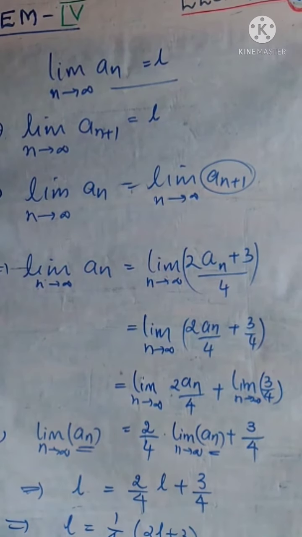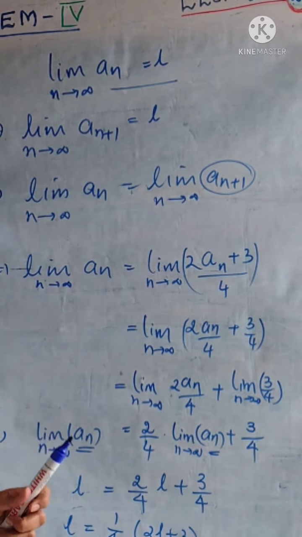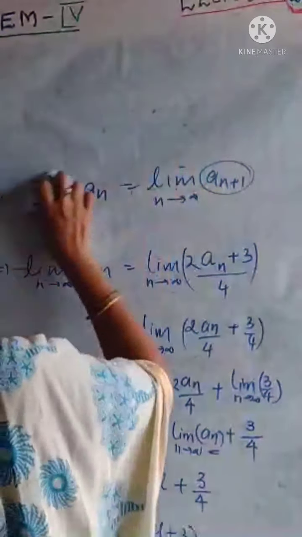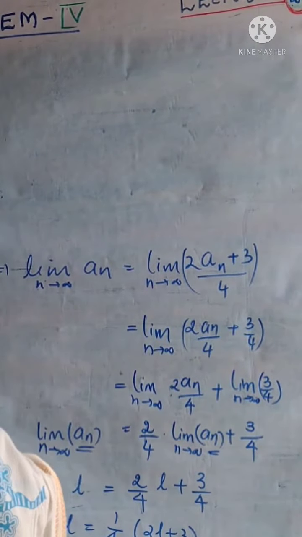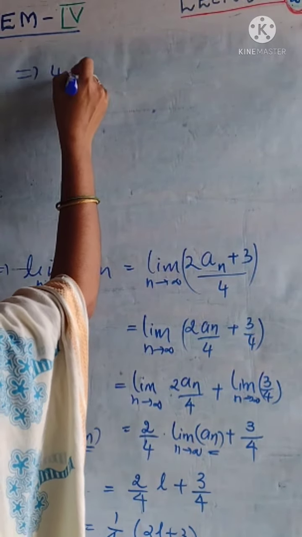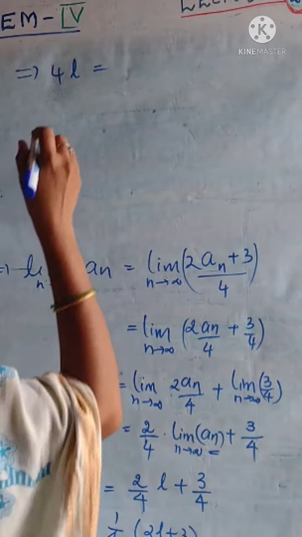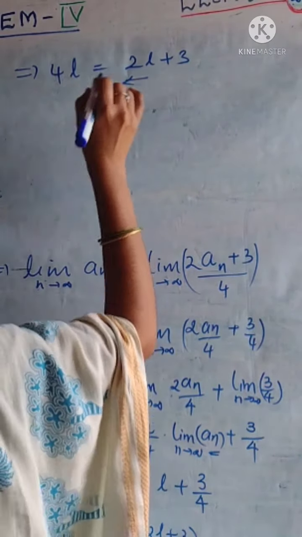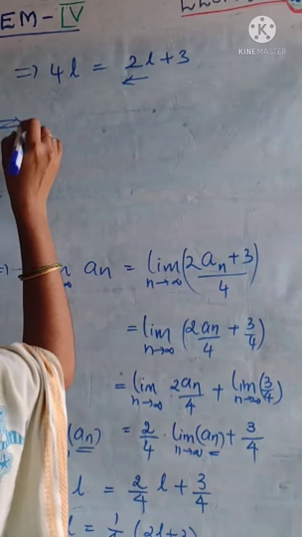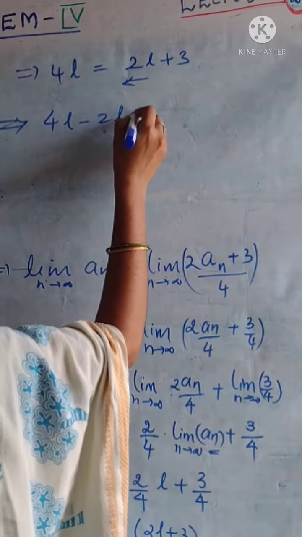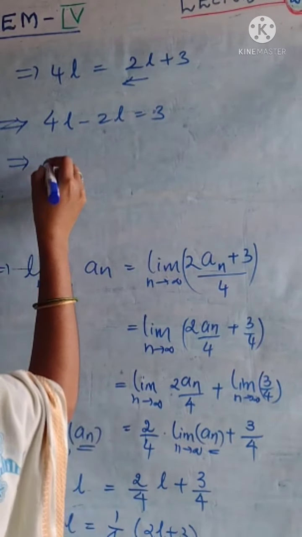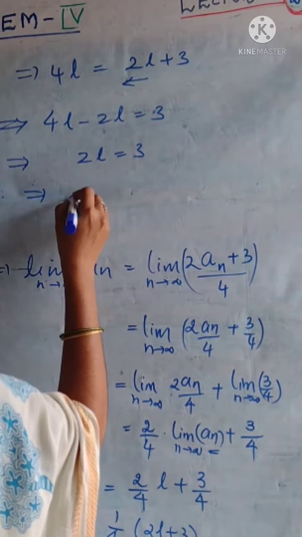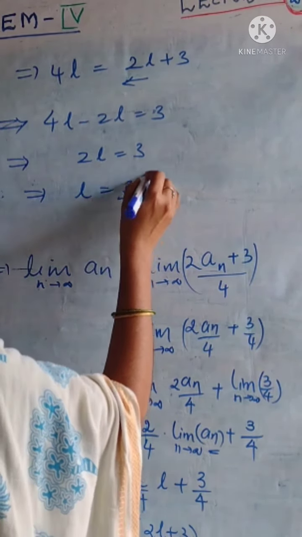Multiplying the entire equation by 4, we get 4L is equal to 2L plus 3, as 4 by 4 gets cancelled. Taking to the left, 4L minus 2L is equal to 3. That implies 2L is equal to 3, so L is equal to 3 by 2.